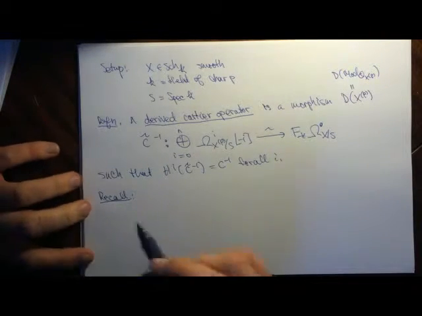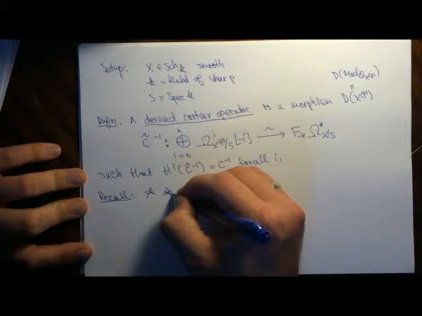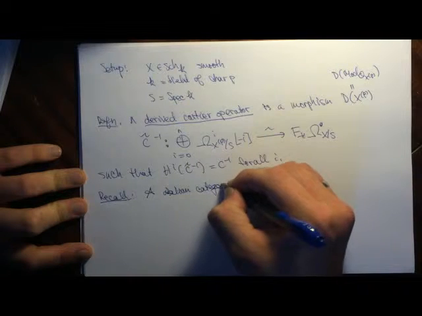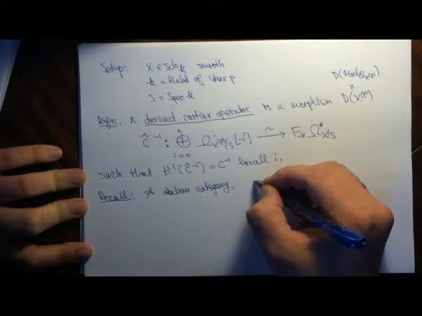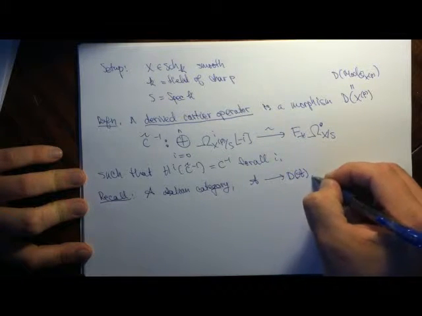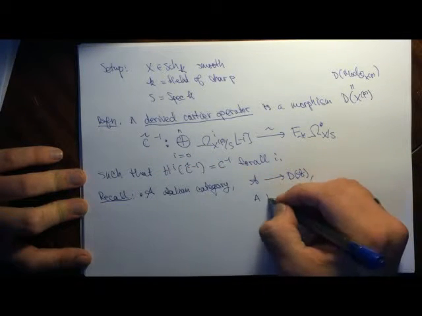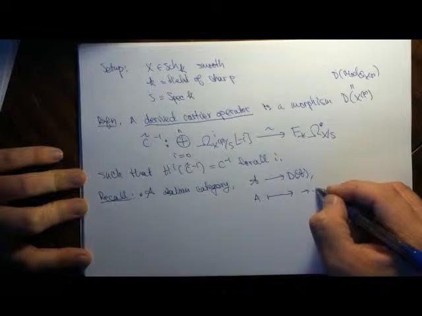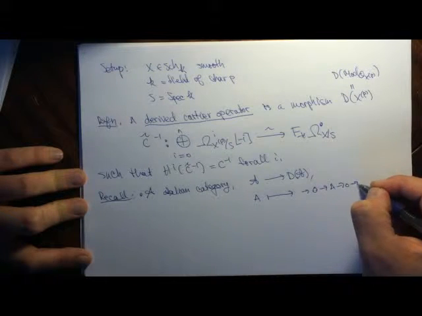Recall, if A is an abelian category, there's this map from A to the derived category of A, given by taking a single object and mapping it to the complex concentrated in degree 0.